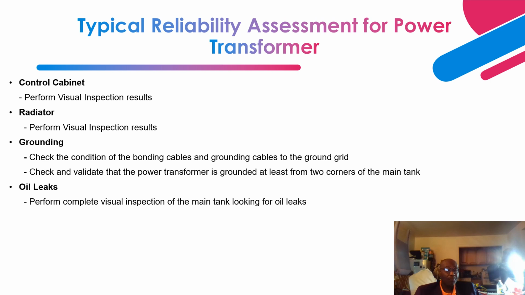Next is the grounding piece. More often than not, power transformers are grounded through grounding cables, and usually the minimum that I've seen is 2 grounding cables at diagonal sides of the transformer tank. So one at each corner going to the ground grade. Right? So you want to inspect the condition of these grounding cables.